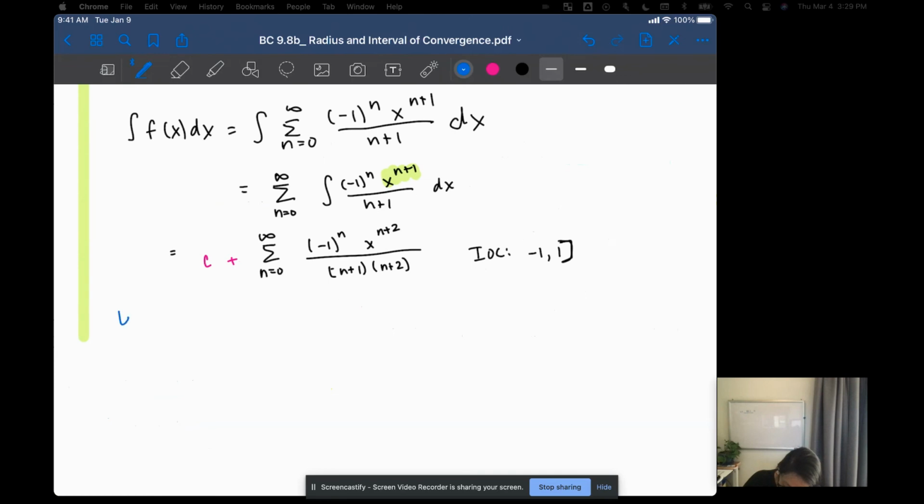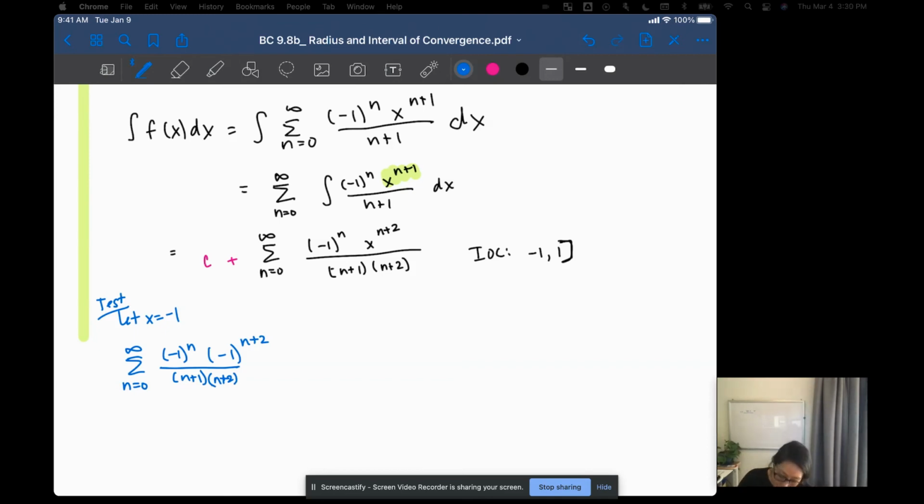So we're going to test and let x equal -1. So I have the sum from n equals 0 to infinity of (-1)^n times, for x, (-1)^(n+2) over n plus 1 times n plus 2.